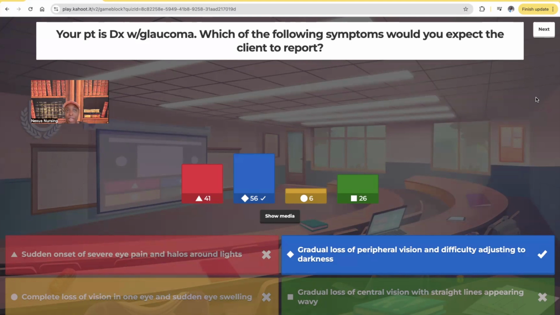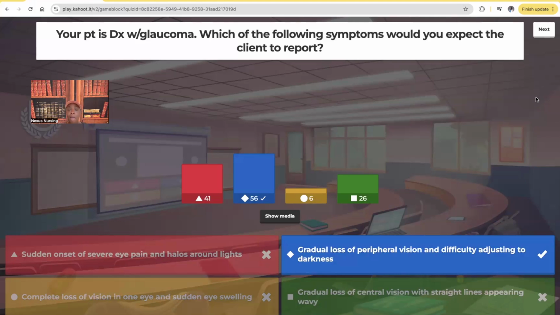There's no specific disorder related to this, but when you see a complete loss of vision in the eye and eye swelling, it can be some type of allergic reaction or trauma to the eye. And last, gradual loss of central vision with straight lines appearing wavy. We see that in what? Macular degeneration.